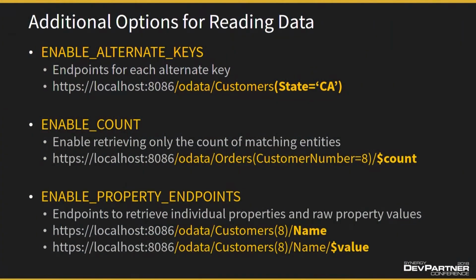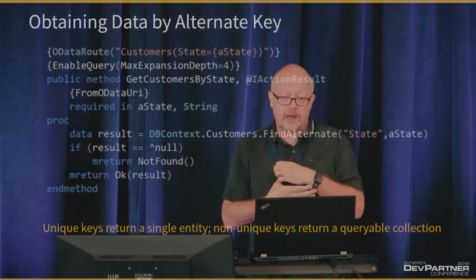So if you turn on enable property endpoints, it adds an endpoint for each and every property field in the record. So you can go customer 8 name, customer 8 phone number, customer 9 fax number, customer 15 account balance, and that's all you get back in the response. Okay? So that may or may not be useful depending on what your client applications are.